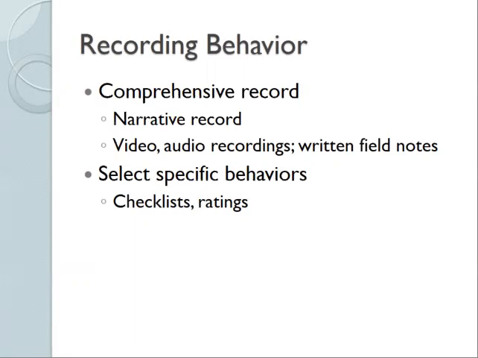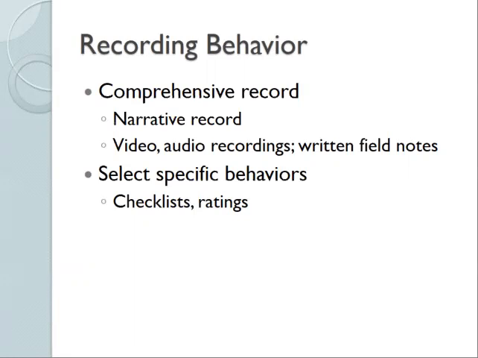Alternatively, we might select specific behaviors. So we might have a clear idea of the behaviors that we are interested in, and we might clearly, explicitly define them and only record those behaviors. For example, if I'm observing children's behaviors at recess, maybe I select a specific set of social behaviors that I'm interested in, and I just identify whether they're present or absent, or maybe rate how frequently or how extreme the behaviors are.